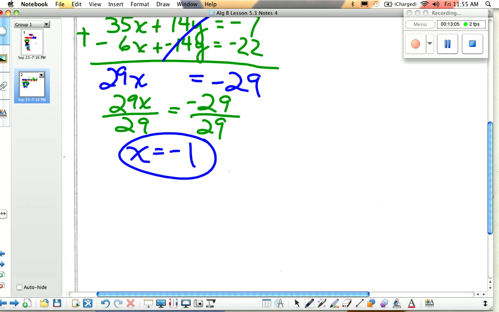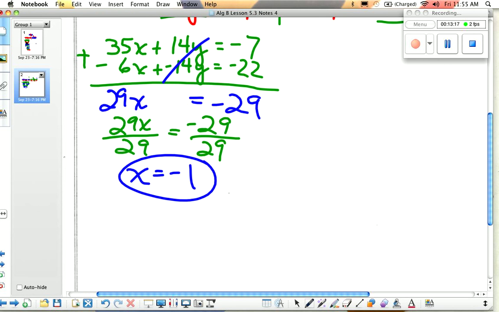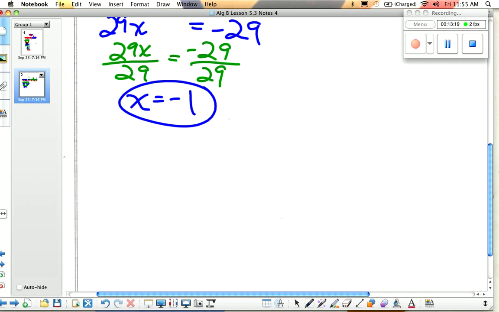Okay. I'm going to go back and look at my equations and say which equation do I think looks easier to deal with. I'm thinking I like the very first one, 5x plus 2y. You can use whichever one you want, but I'm going to use 5x plus 2y equals negative 1.